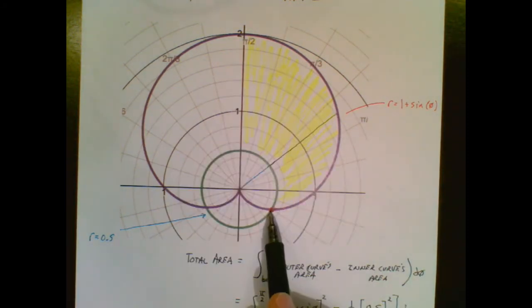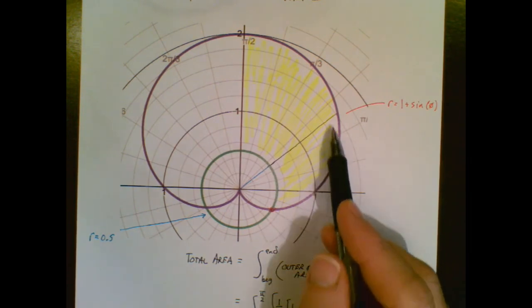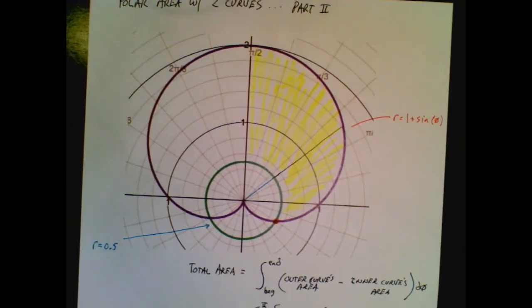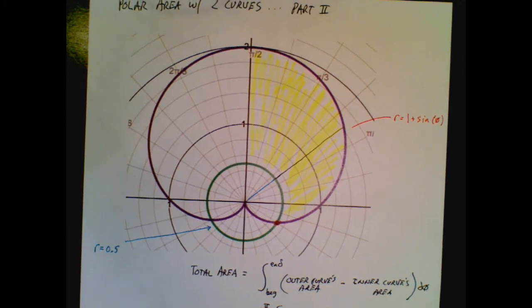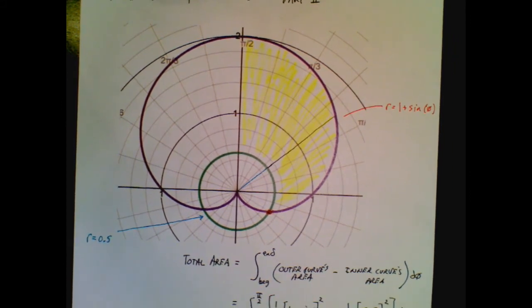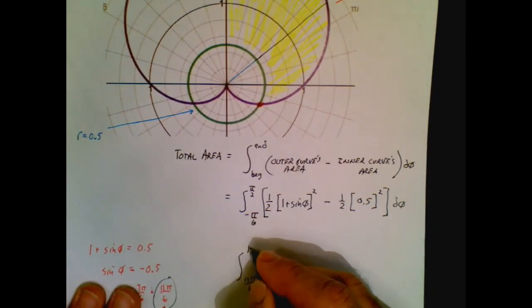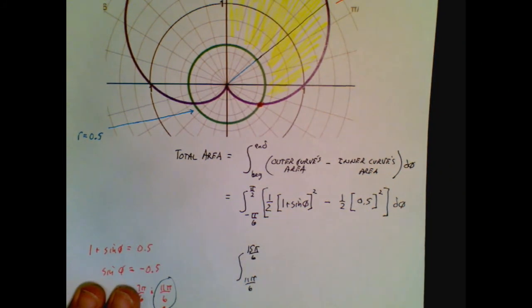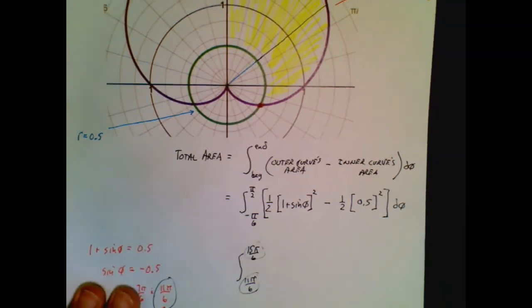So if that's 11 pi over 6, 12 pi over 6, 13 pi over 6, 14 pi over 6, 15 pi over 6. I don't even know if that's right. Let me think about that for a second. After careful consideration, I do agree with myself. Not surprisingly, people like to agree with themselves. 15 pi over 6. So this would be totally fine. You would get the same answer as we're going to get here.